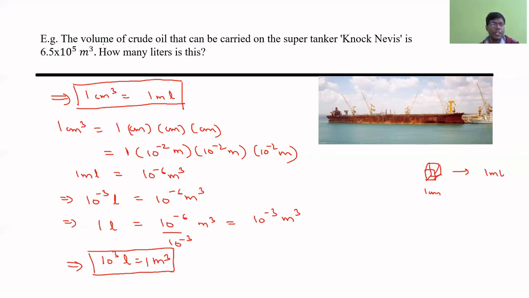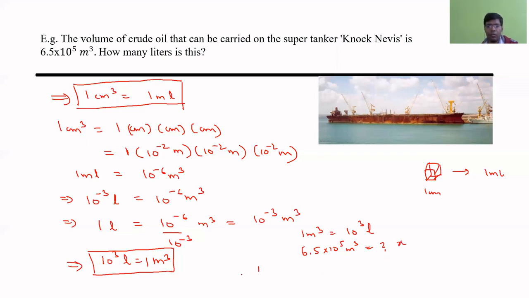So he has asked to convert 6.5 multiplied with 10 power 5 meter cube into liters. We know that 1 meter cube is equal to 10 power 3 liters. So 6.5 into 10 power 5 meter cube will be how many liters? Again, you can directly multiply it or take it as x and do it. Let's take it as x.